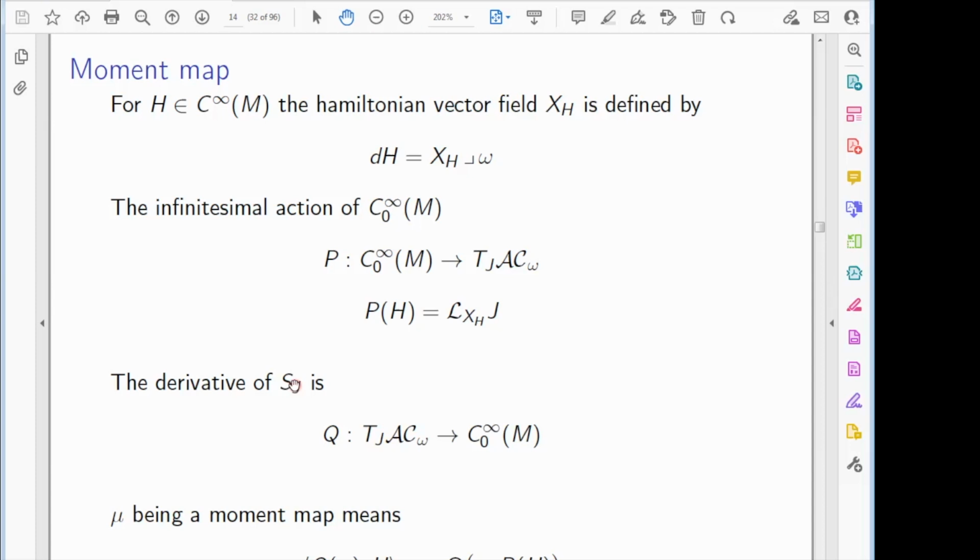I'll take the normalized scalar curvature as the Hamiltonian function. So this is the moment map evaluated on this element of the Lie algebra.